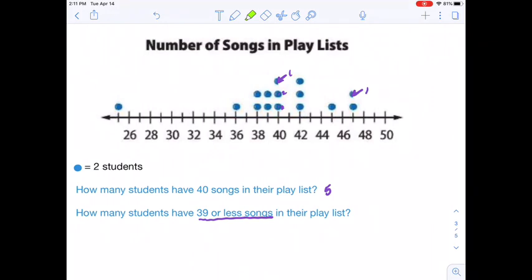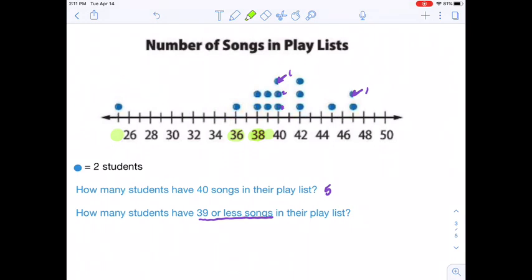So where's 39 on this dot plot? Yeah, it's right between 38 and 40. So we have to include 39 would be here. We have to include 38. We have to include 36, and then we can go way down here and we have to include whatever that equals. What does that equal? Well, if we know that between 38 and 40 is 39, then we know that these lines must be counting by ones.